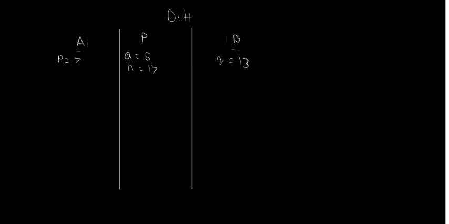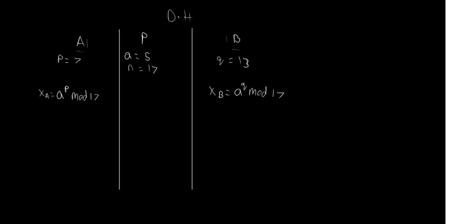Then what happens? First of all, Alice will generate her XA. This will be equal to this A value to the power her secret number mod 17. Bob will also do the same thing: this value being equal to A to the power his secret number mod 17.